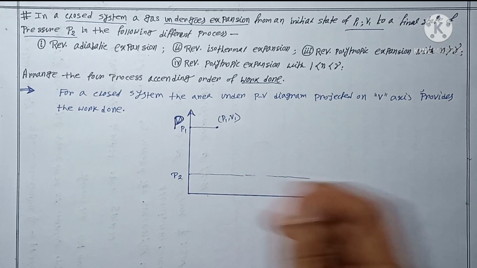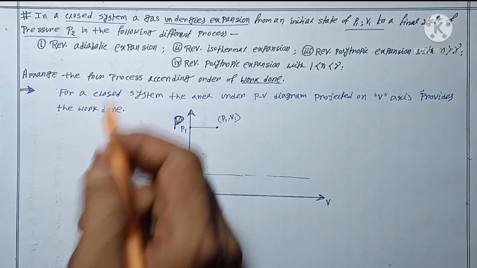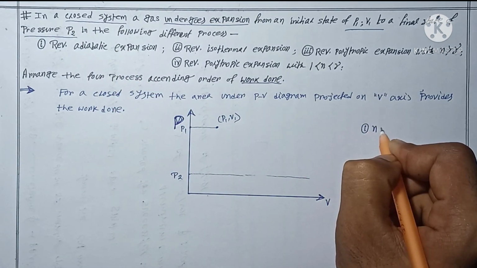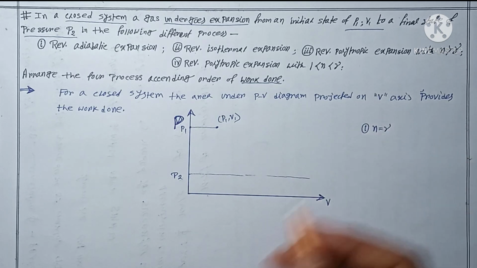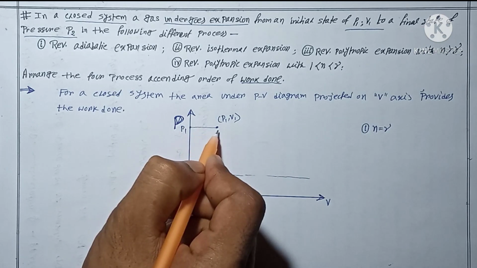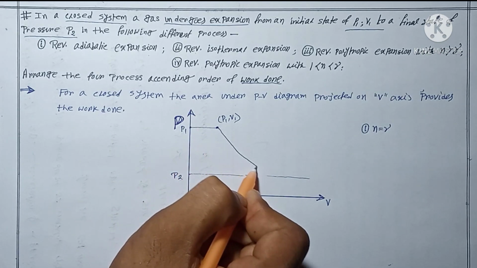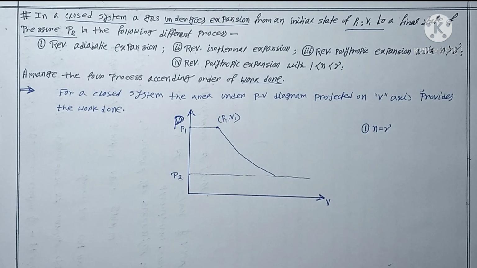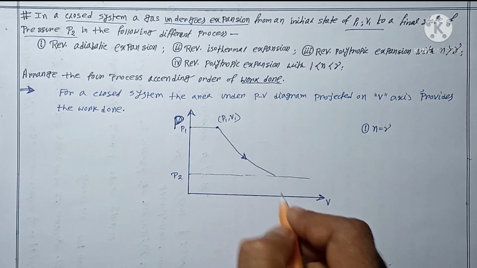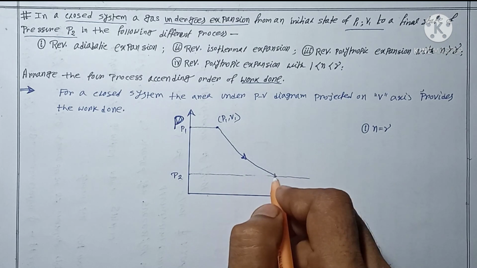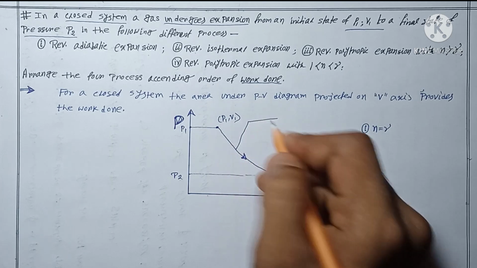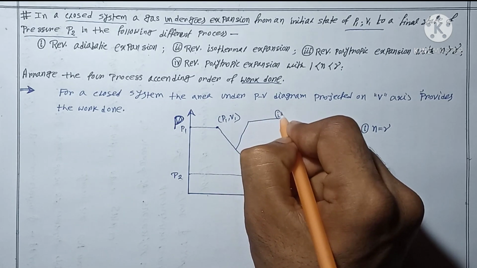So for the reversible adiabatic expansion process, the index is nothing but gamma. Am I right? So I draw a process something like that. My curve is not so proper, so please cooperate with me. This is my first process, process 1.